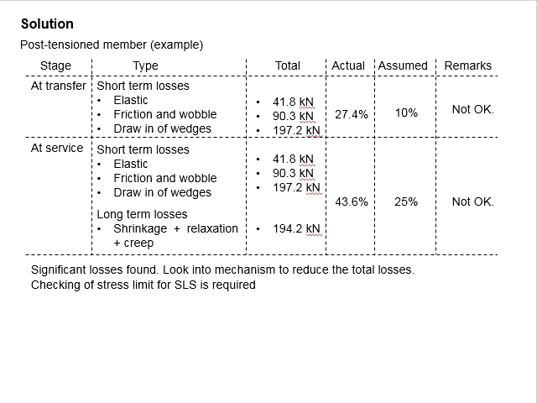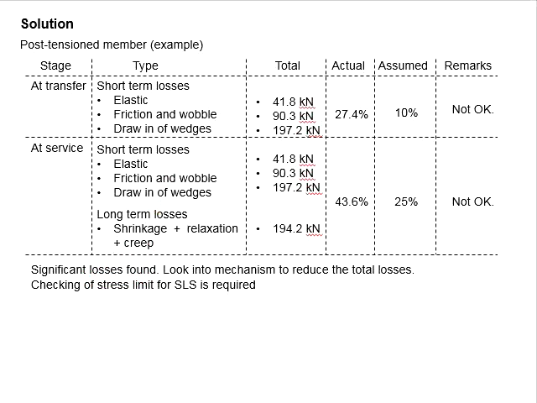And it is likely that if you check with the actual losses here, since the value varies significantly from the assumed value, on which you proposed the P and e and dimensions, it is likely that the stress checking later will fail.